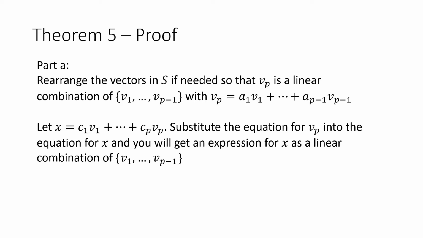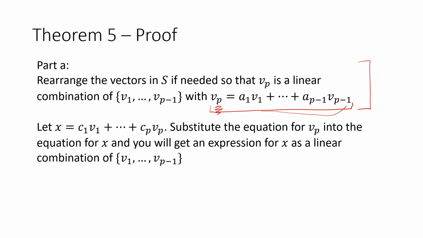So what we're going to do first is rearrange the vectors in S if we need to, so that the very last one is a linear combination of the ones before it. So we have some equation that lets us build the final vector from all of the others. We just do that for convenience. It makes the notation and the writing of it a little bit easier. So the idea is that the last one can be built from all the others.